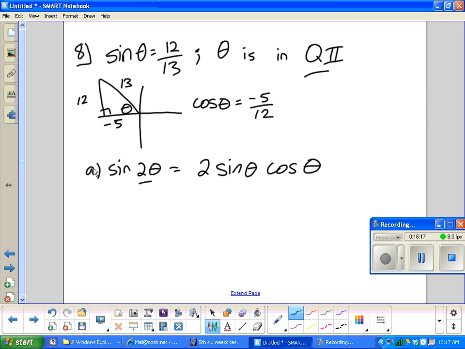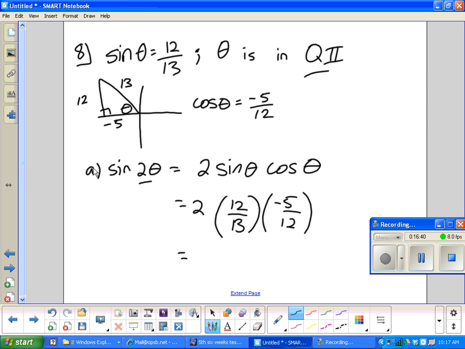Cosine of theta is negative 5 over 13. Now that I've got sine of theta and cosine of theta, I can fill in all my double angle formulas. So 2 times sine of theta, 12 over 13, times cosine of theta, negative 5 over 13. Let's multiply this out.